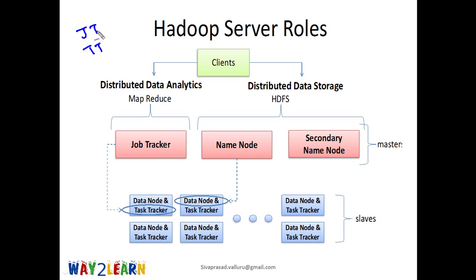Job tracker and task tracker are MapReduce daemons belonging to the MapReduce engine. And what are the daemons belonging to HDFS? NameNode, data node, secondary NameNode. These are the daemons belonging to HDFS. You have already seen all this functionality.